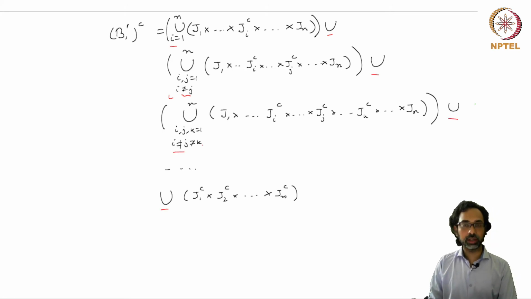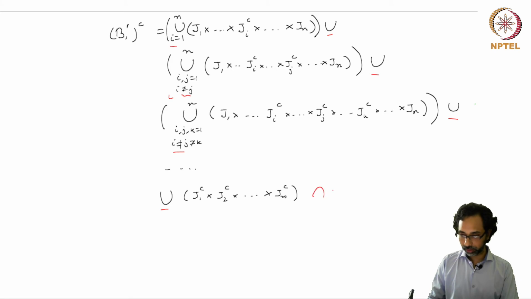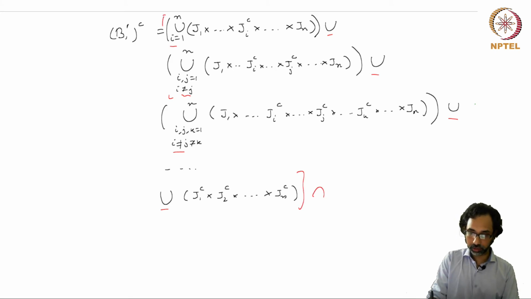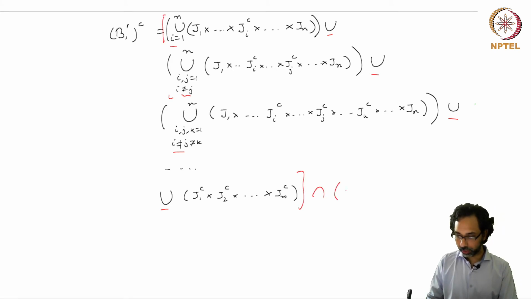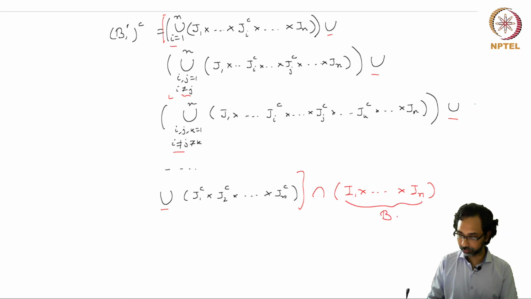So when we take the intersection of this huge thing with our box, so this is our box B, then you can distribute this Cartesian product inside the unions, and then you will have an intersection of two Cartesian products, and then again you can distribute it.